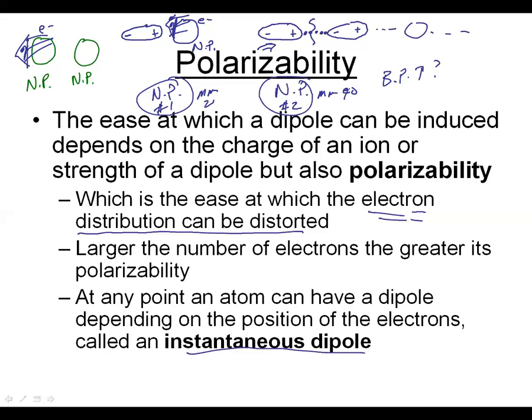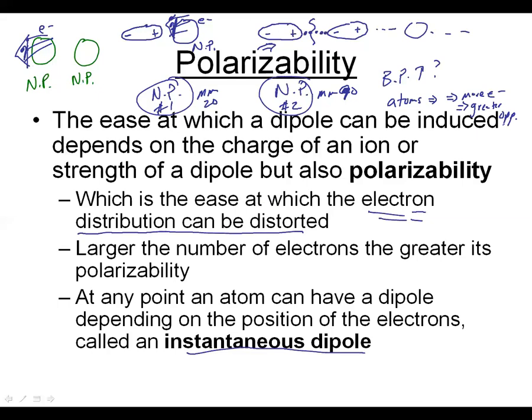The idea here is the greater the molar mass, the more atoms that something has, because the only way you typically would get a higher molar mass is more atoms. More atoms means more electrons. More electrons means a greater opportunity for those electrons to all fly to one side of the molecule.